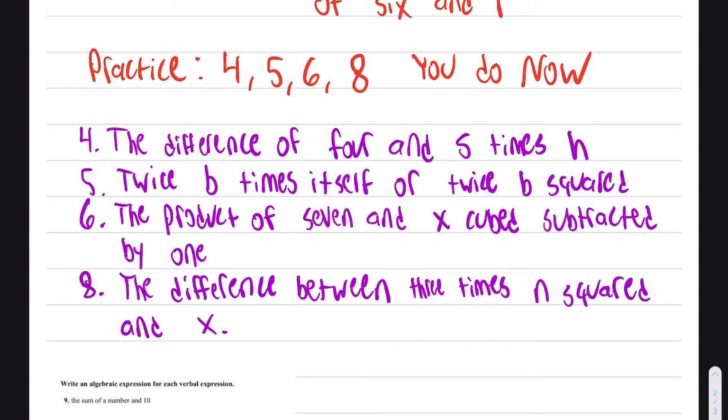The difference of 4 and 5 times h. 5 is twice b times itself, which could also be the same thing as twice b squared. 6 is the product of 7 and x cubed subtracted by 1. 8 is the difference between 3 times n squared and x.